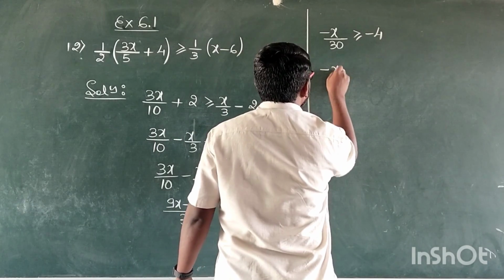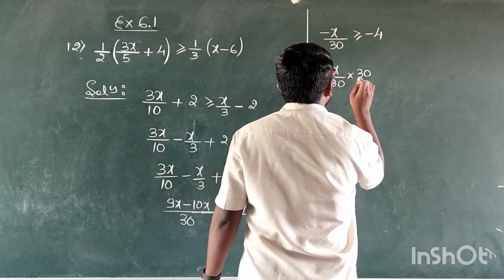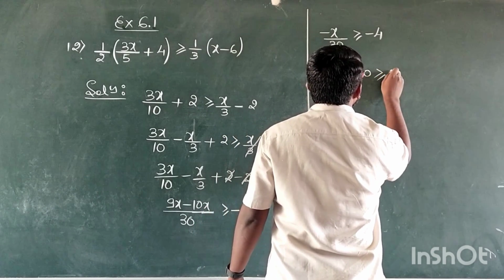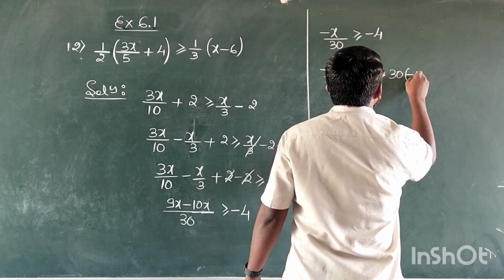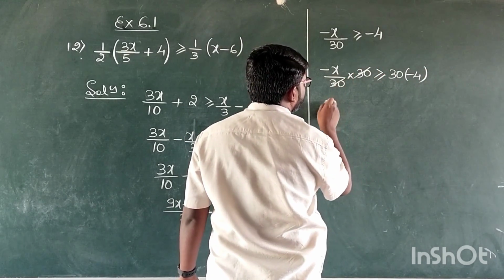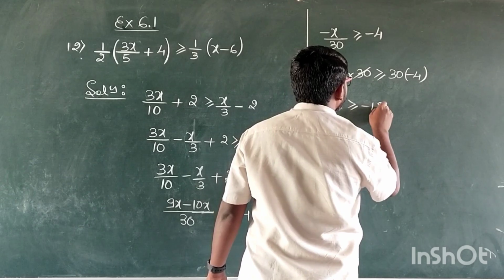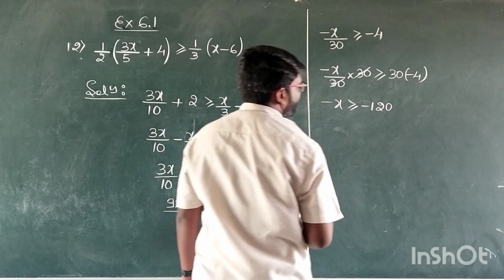So, minus x by 30 and here it is 30, greater than or equal to 30 into minus 4. So, 30 and 30 get cancelled. So, minus x greater than or equal to minus 120.